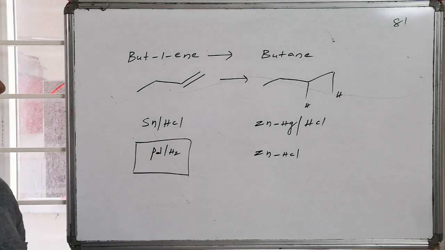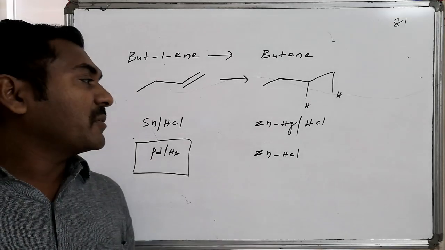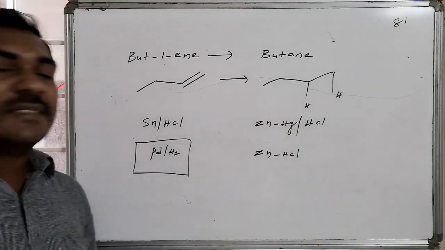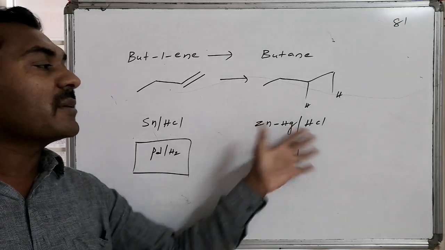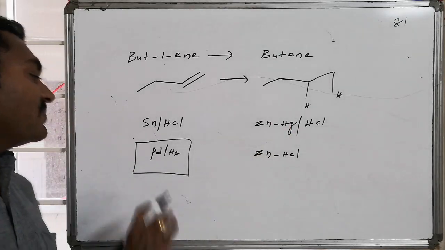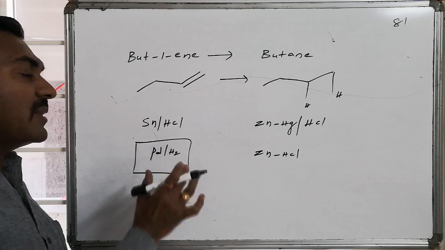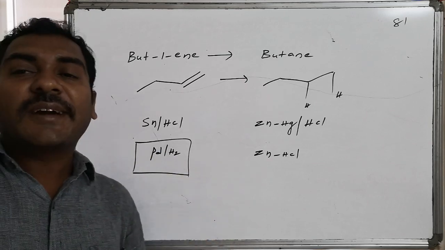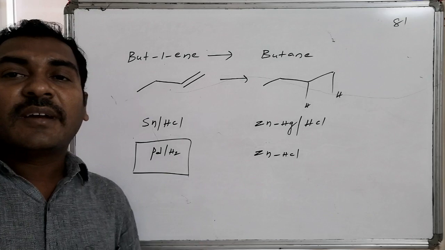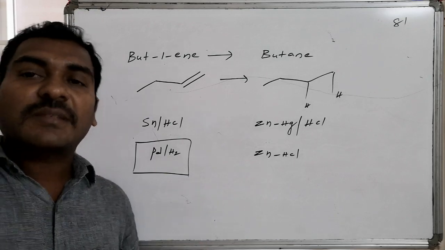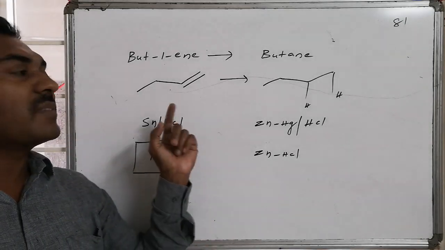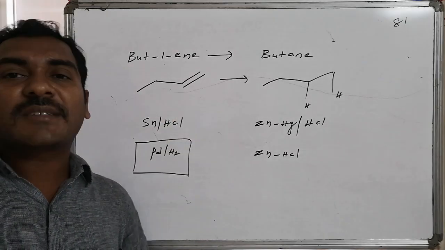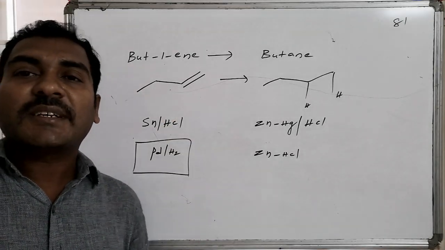These conditions are suitable instead of metal followed by acid, like Sn followed by HCl, zinc followed by HCl, zinc amalgam followed by HCl. A supported metal with a huge pressure of hydrogen, which can sustain for lengthy hours, is the best reagent. Hence palladium followed by hydrogen is the best reagent for the conversion of homo-unsaturations to saturated systems.